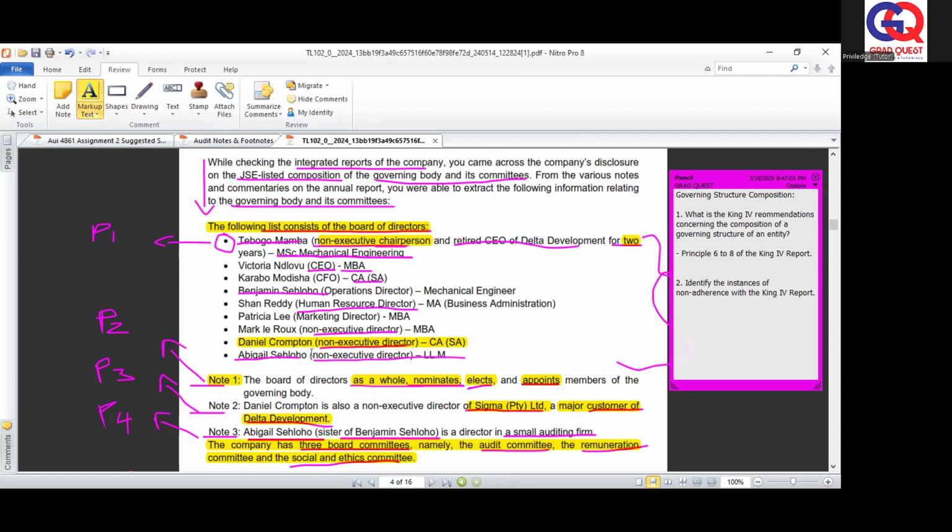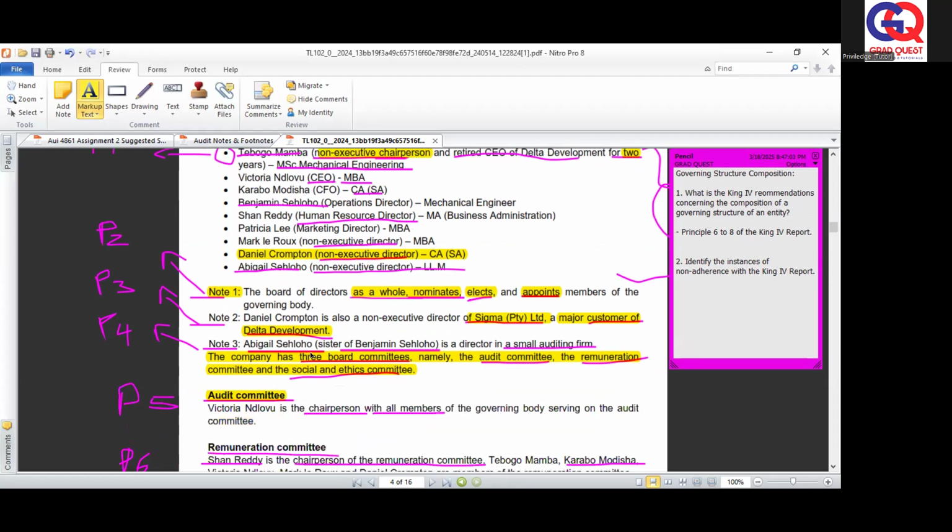All right. Another thing that I also want you guys to observe is regarding the notes here, especially regarding this guy, Daniel Crompton. With regards to Daniel Crompton, he's definitely not independent, as much as he's a non-executive director.